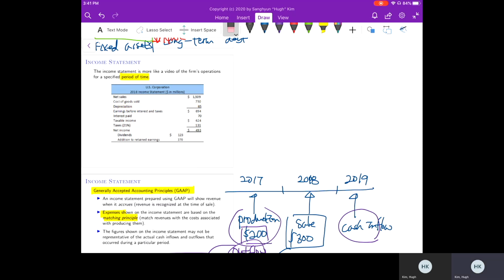Okay, so I'm going to make some space here. Operating cash flow is defined as EBIT plus depreciation minus interest.